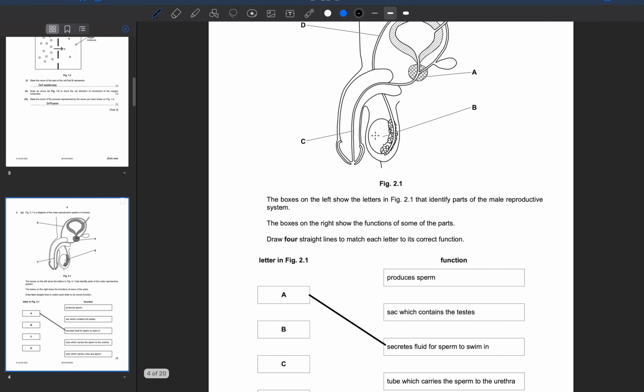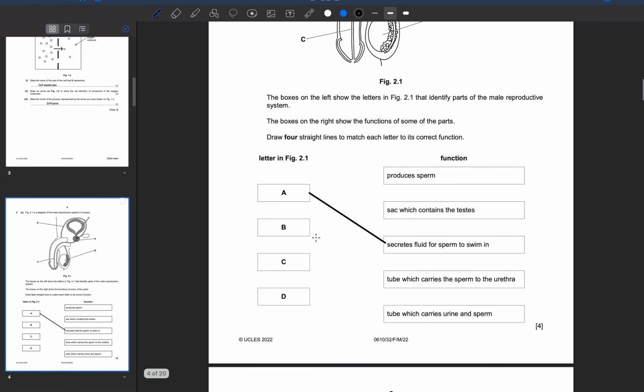B is the testes, so the function of the testes is to produce sperm. He said draw 4 straight lines, which means I have no item with more than one function, so it's only one.